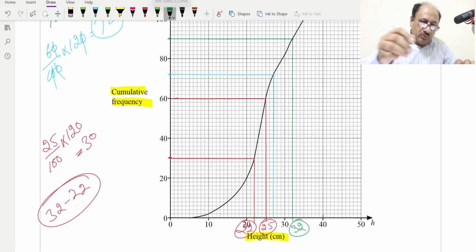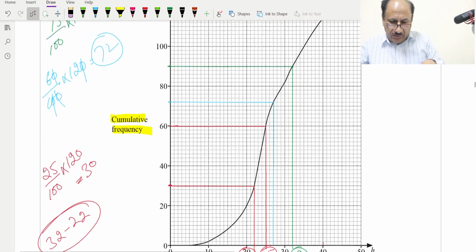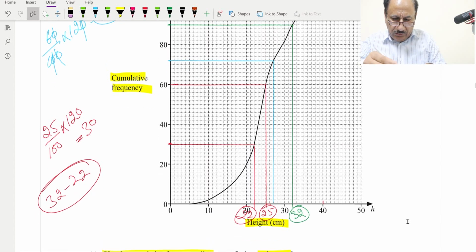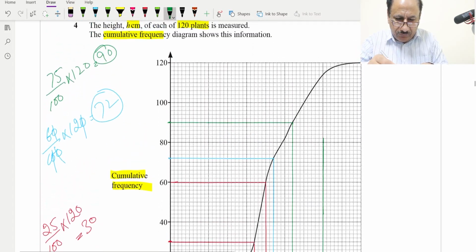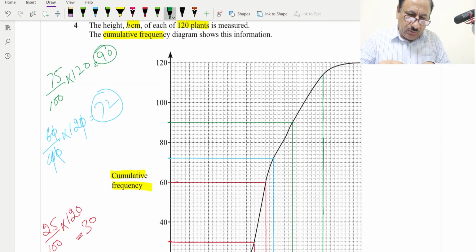We mark a line on this side, take the reference, and go up to the curve, and the curve will give us this value.